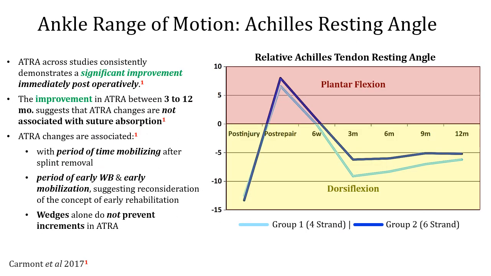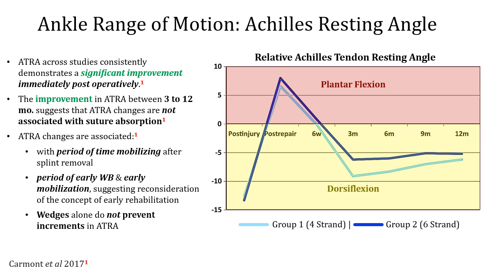So what does it look like across time? So the ATR across studies consistently demonstrates a significant improvement immediately post-operative, as I mentioned. So you can see in the figure to the right, on the y-axis, you have the ankle angle, 0 being neutral, minus 15 being in the dorsiflexion, and then the 10 degrees being in the plantar flexed position.